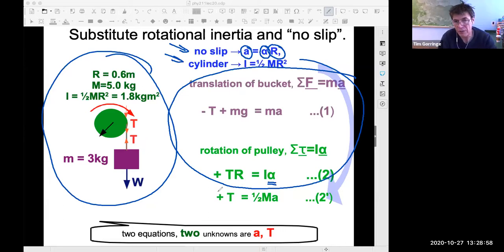An interesting thing happens when you do that. One thing that happens is that you end up replacing the angular acceleration with the linear acceleration. The A and the alpha were related. The other thing that happens is when you plug in the moment of inertia, you find the radius of the pulley cancels out and you're just left with the mass of the pulley.